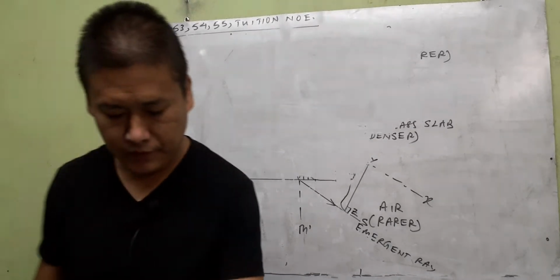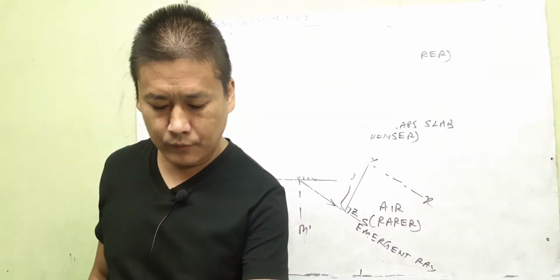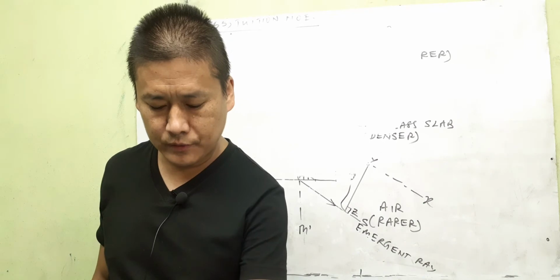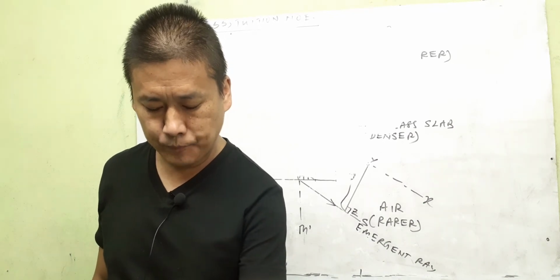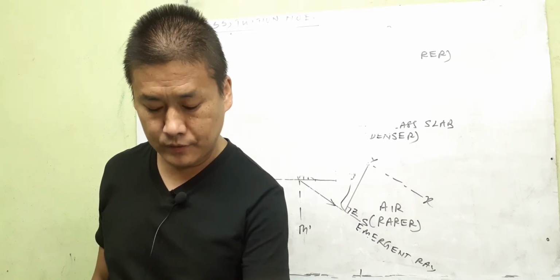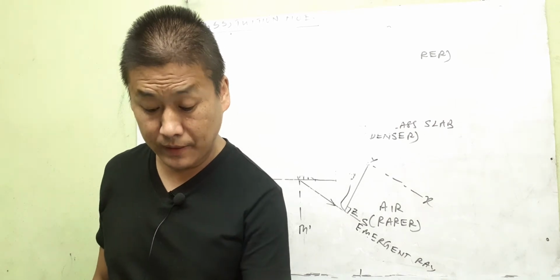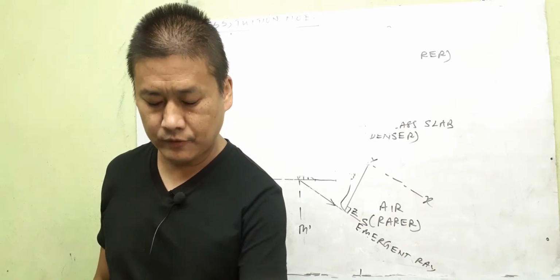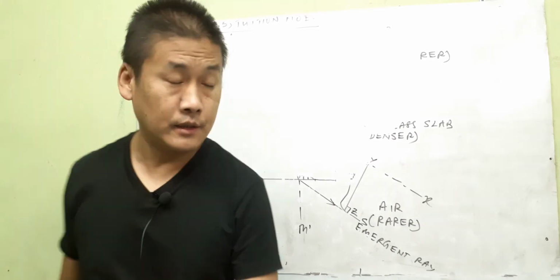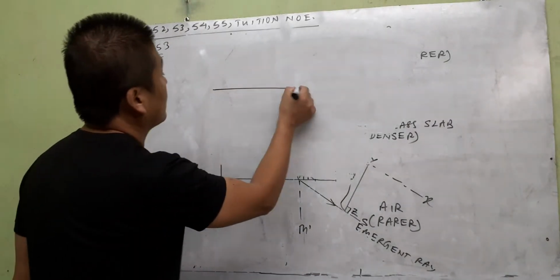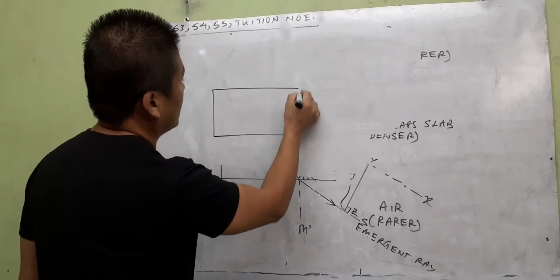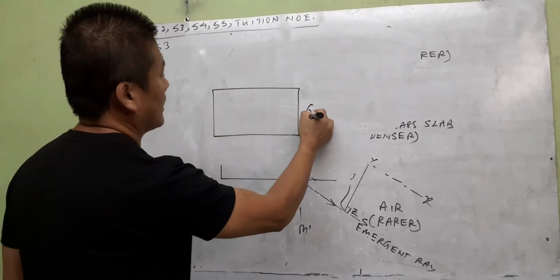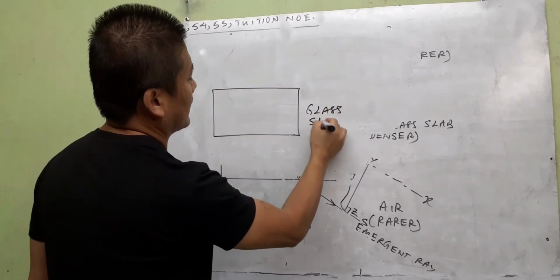When a light ray is incident normally to the interface between air and glass of a rectangular glass slab, no refraction will take place, the ray passes through the glass without bending, and the emergent ray also comes out without refracting. Yes or no? Yes, tick yes. And then you can draw a glass slab like this, a rectangular glass slab.